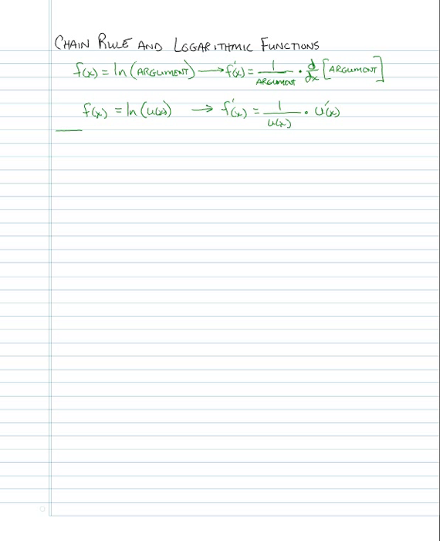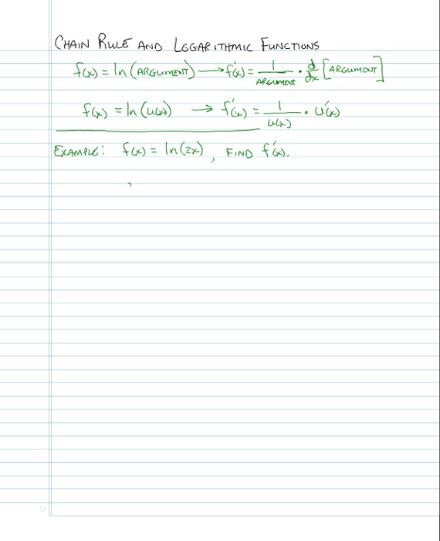Well, let's do a specific example here then. In this case, f of x is the function natural log of 2x, and we're to find f prime of x. The way we go about that, of course, if f of x was just natural log of x, then the derivative would just be 1 over x. But we've got to use the chain rule because it's not natural log of x, it's natural log of 2x.